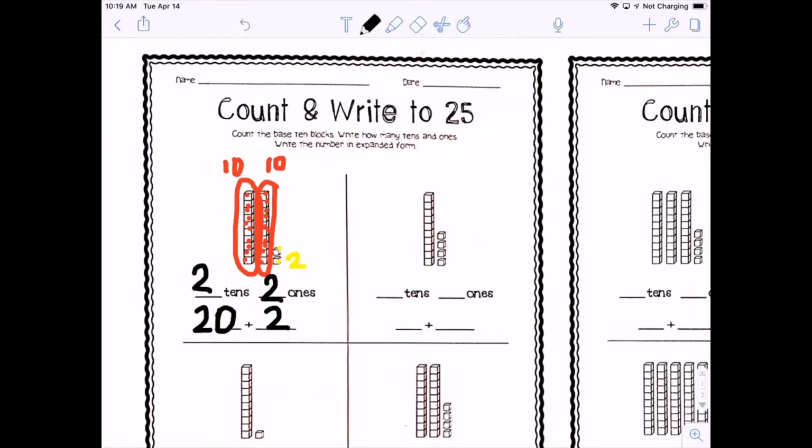So all together, I would have 10, 20, 21, 22. So 20 and 2 more equals 22. Okay, so now let's try the next one.